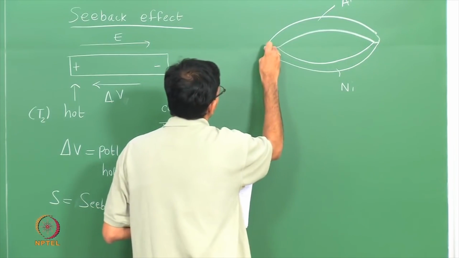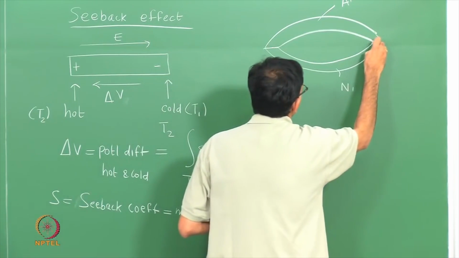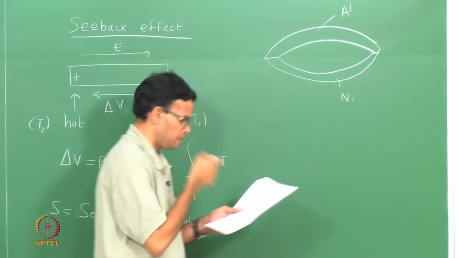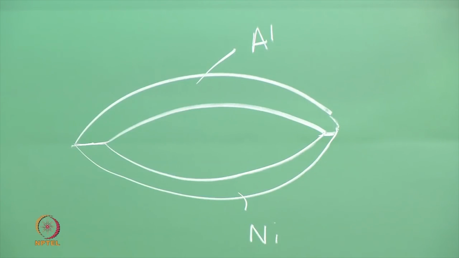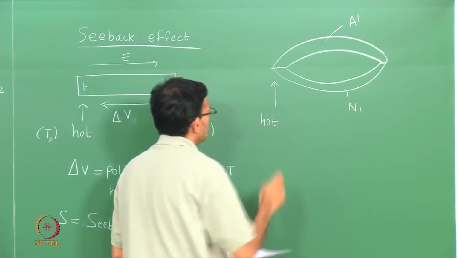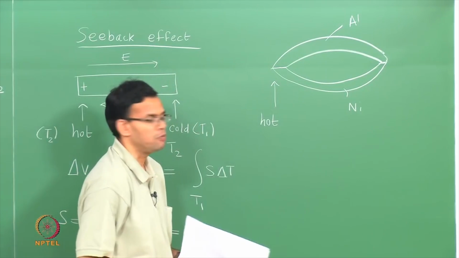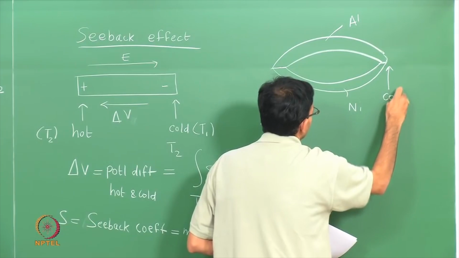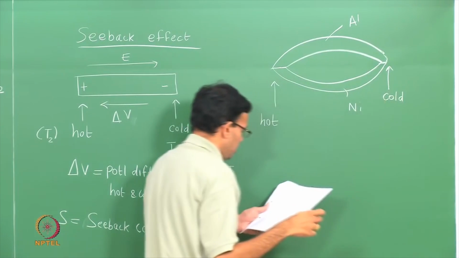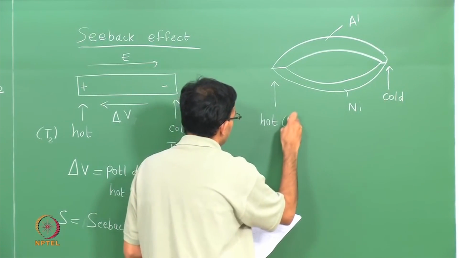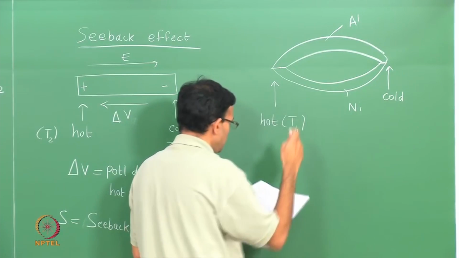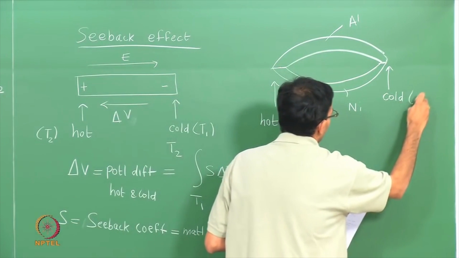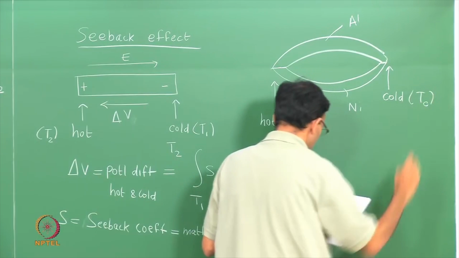You essentially form two junctions at the two ends. One end of this junction is placed in the hot side where the temperature we want to measure, the other end is cold. Typically this could be room temperature. Let us say the temperature of the hot end is TH, the temperature on the cold end is TC.